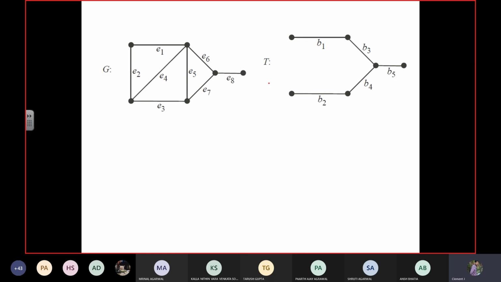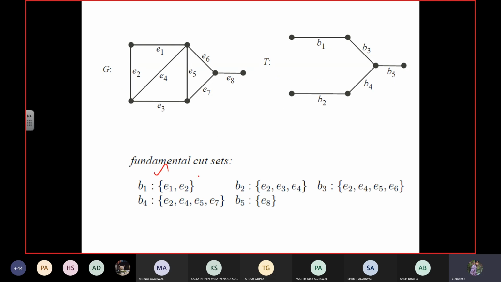Here you have the branches B1, B2, B4, B3, B5 of this spanning tree T. This might be the spanning tree of the original graph G. Now you would have guessed how many cut sets can be derived with this spanning tree? 5, sir. Very good. Totally there are 5 edges on this spanning tree, so certainly 5 cut sets will be derived.